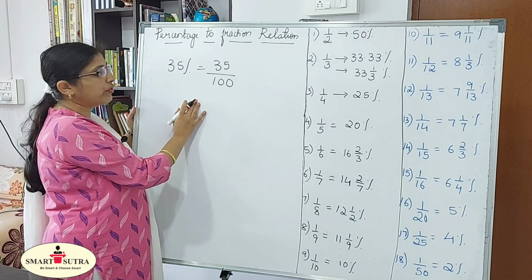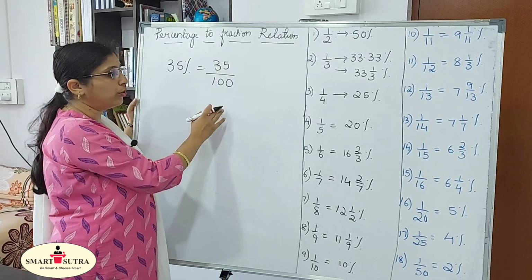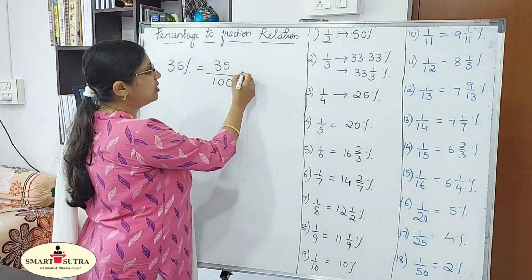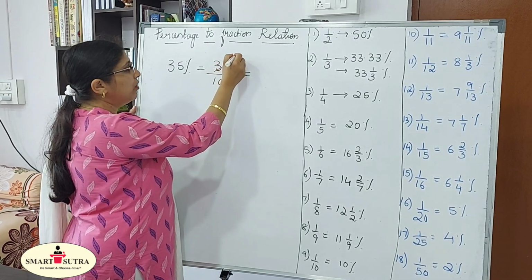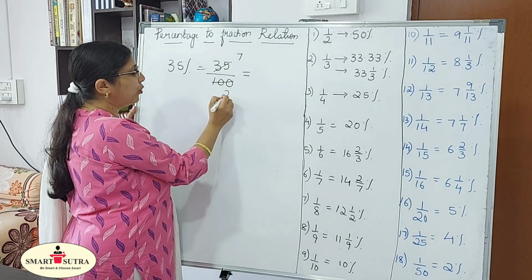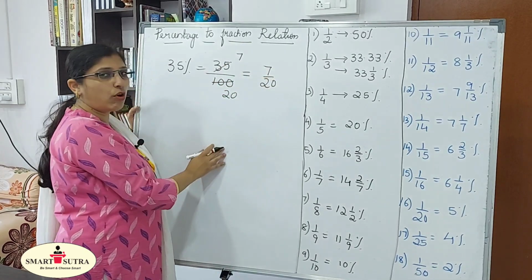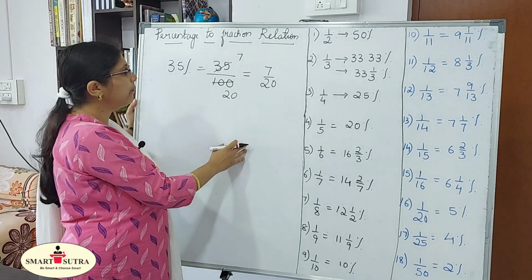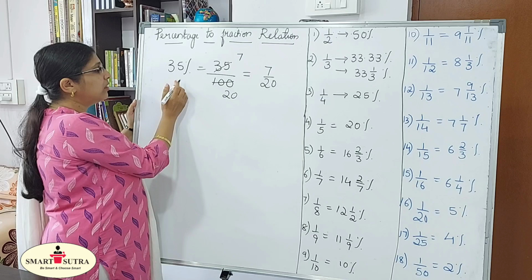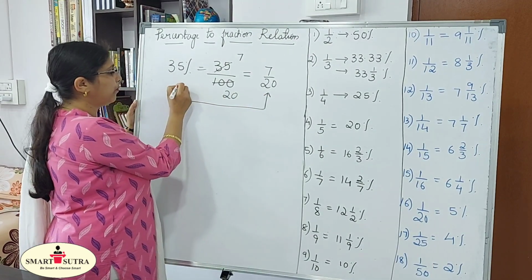We can bring this to the least form: 5 7s are 35, 5 20s are 100, so that is 7 by 20. This is the least form of 35%, which cannot be further simplified. So 35% is the same as 7 by 20.